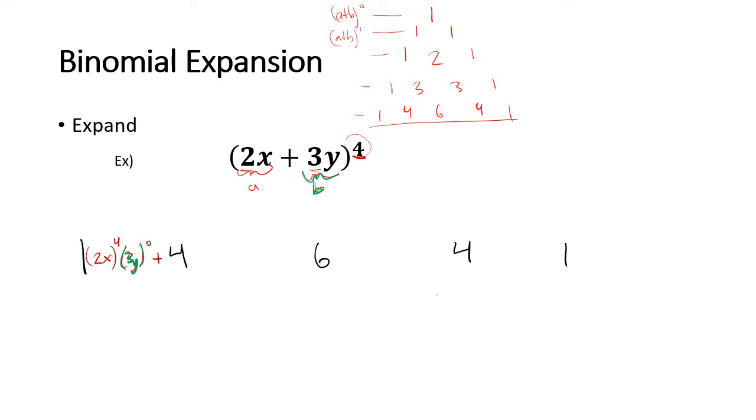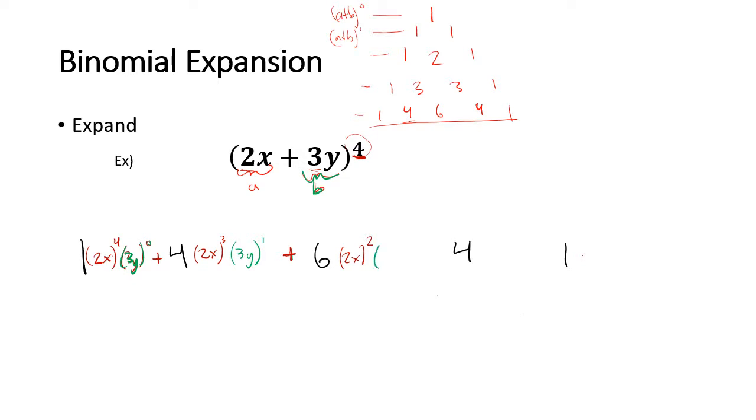So now for the next term, we know the coefficient's 4. That's why it's there. And then we're going to have 2x, and now we're going to decrease the degree by 1, so it's going to be to the third. And then for our b term, 3y, we're going to increase the degree by 1. So from 0, it's to 1. Plus. Then the next term, 2x, we were at 4, then we were at 3, so this one's going to be squared.